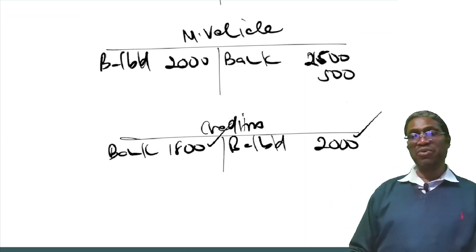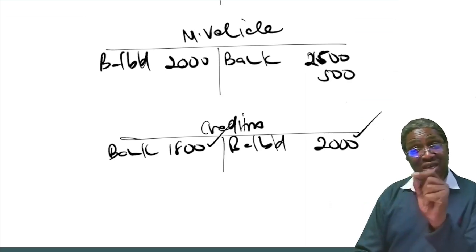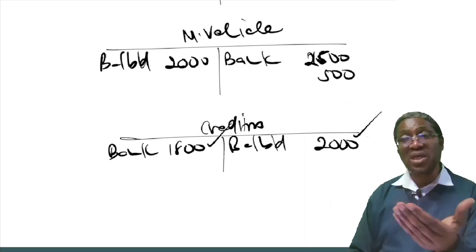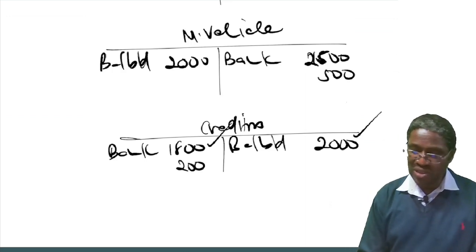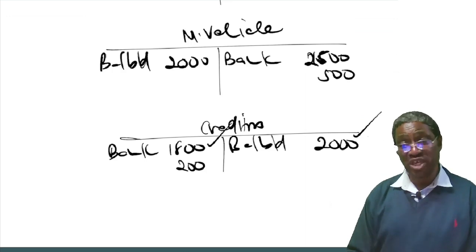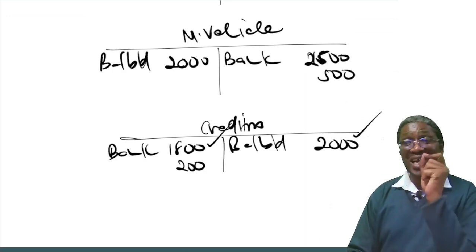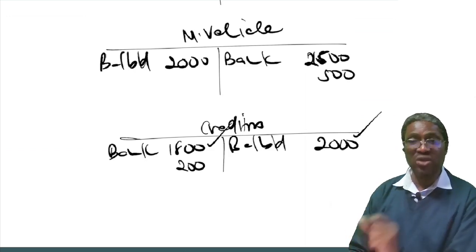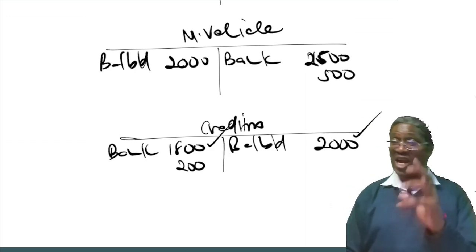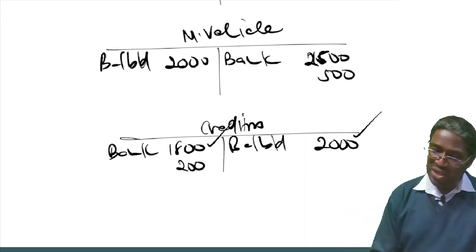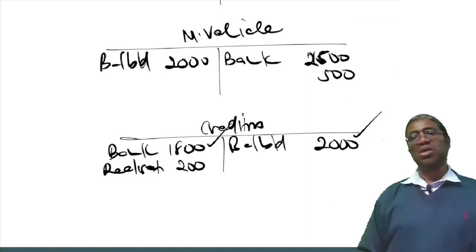So it's like the creditors have given us a discount of 200,000. How do you deal with it? That's a gain to us. We owed them 2 million, they are willing to accept 1.8 million, so as a company we are gaining. We shall debit creditors and credit this account we are calling realization account.